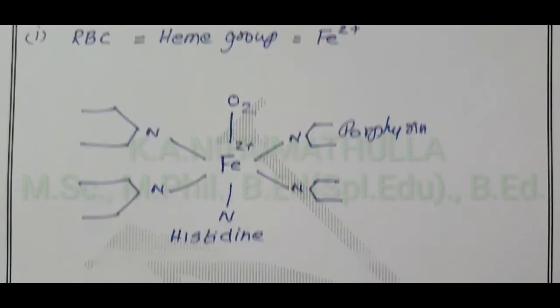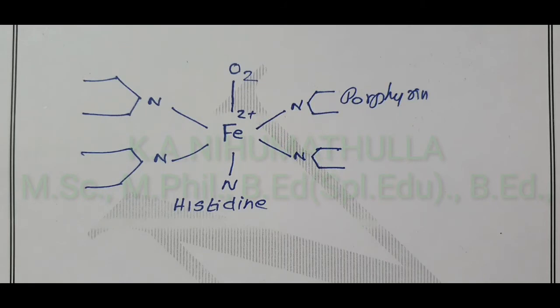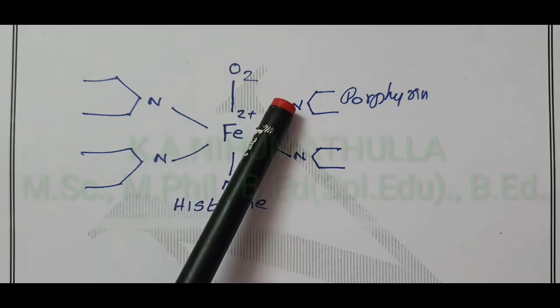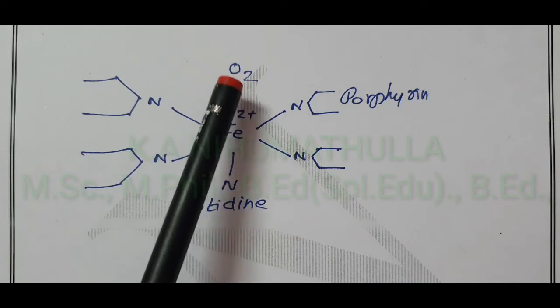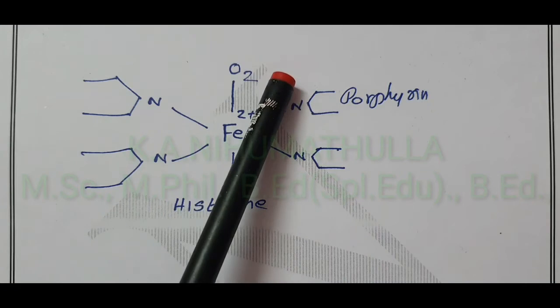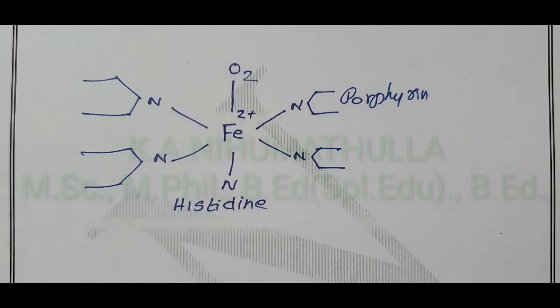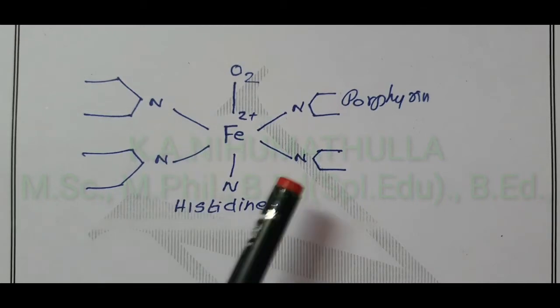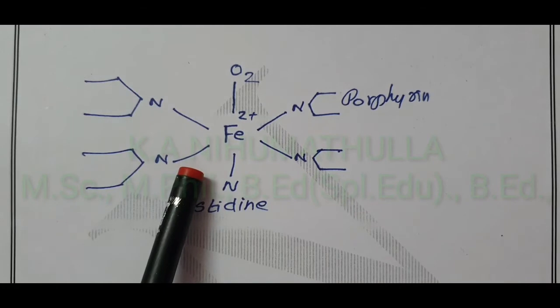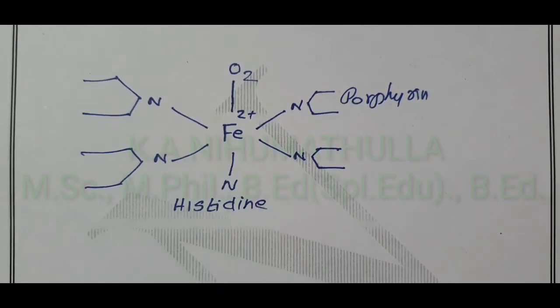So the hemoglobin, the heme group, is used as an oxygen carrier from lungs to tissues, and in the same 6th coordinate position, the Fe2+ ion carries carbon dioxide from tissues to lungs. Now we are going to discuss the full structure of the heme group in hemoglobin.